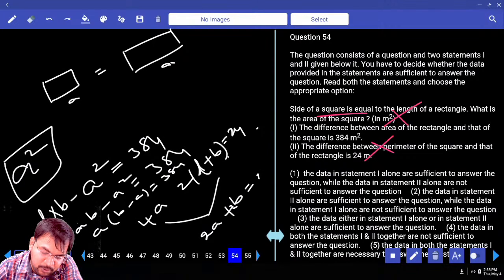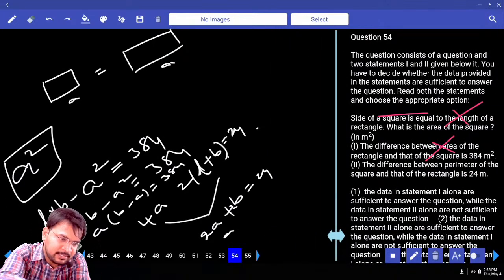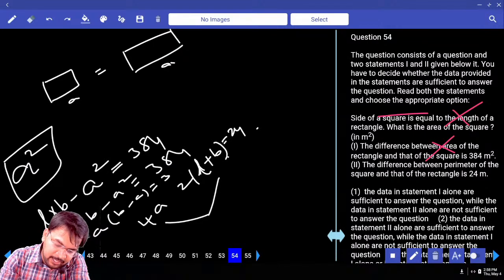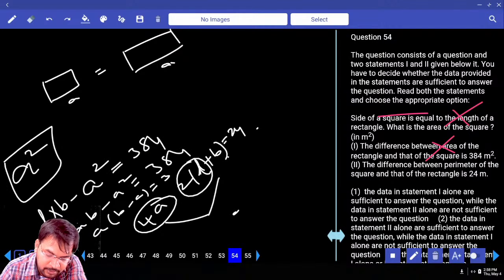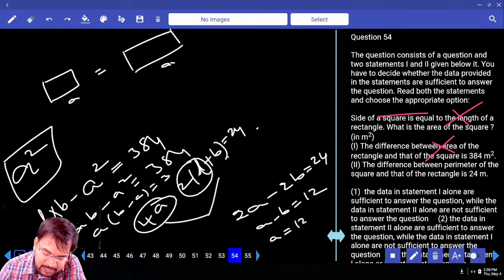We need the difference. This is 2A plus 2B, this is 4A. So subtract 2A plus 2B from 4A: 2A minus 2B is equal to 24. And A minus B is equal to 12, then A is equal to 12 plus B.